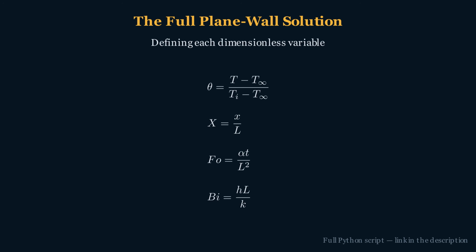Theta is dimensionless temperature, it's 1 at the start and 0 once the wall reaches the surrounding fluid temperature. X is position, scaled by the half-thickness L, so the centerline is x equals 0 and the surface is x equals 1. Fo is the Fourier number, dimensionless time. And Bi is the same Biot number as before, now built using the half-thickness.